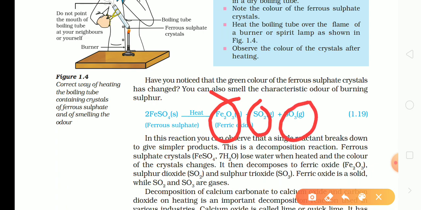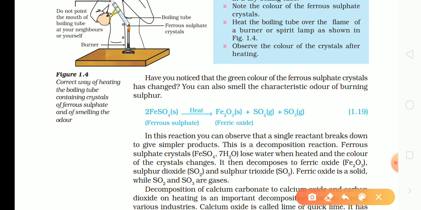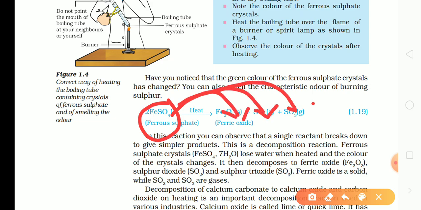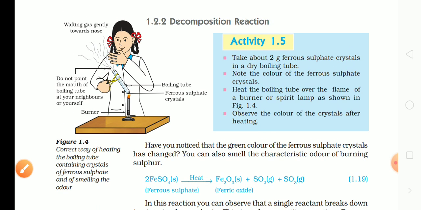Means there is only a single reactant, which is getting converted to 3 products. More than 1 product is coming out of a single reactant, and these kinds of chemical reactions are called decomposition reactions.